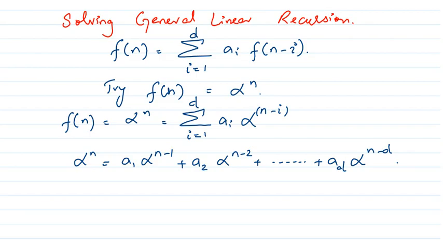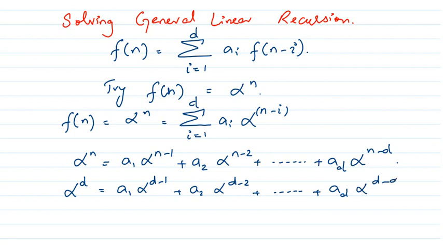Now d is basically the degree of the equation, that is how far we are going to move back. So here, alpha power d is equal to a1 alpha power d minus 1, a2 alpha power d minus 2, and so on up to ad alpha power d minus d, which is in fact alpha power 0, that is 1.